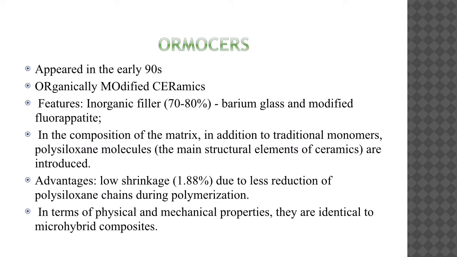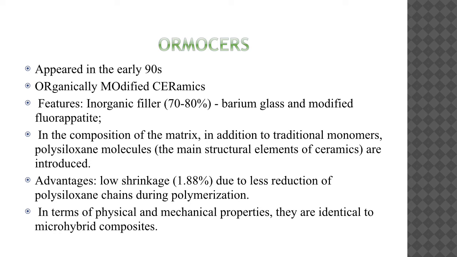Ormocers appeared in the early 90s, and the name stands for organically modified ceramics. Their features are inorganic filler, 70 to 80% of mass is barium glass and modified fluorapatite. In the composition of the matrix, in addition to traditional monomers, polysiloxane molecules, the main structural element of ceramics, are introduced.